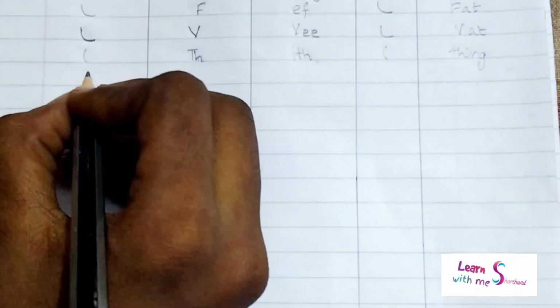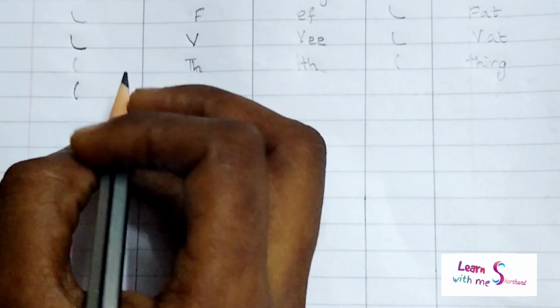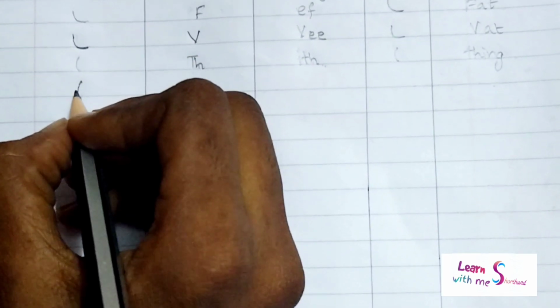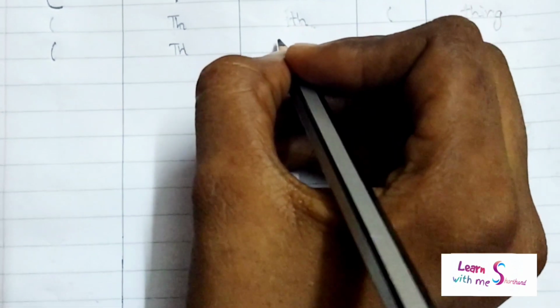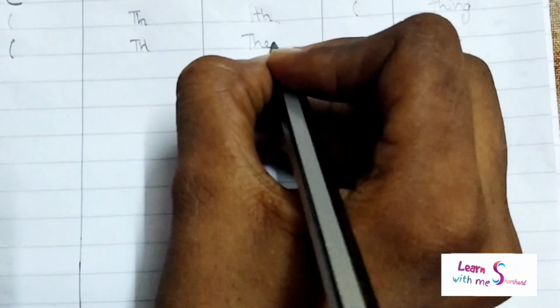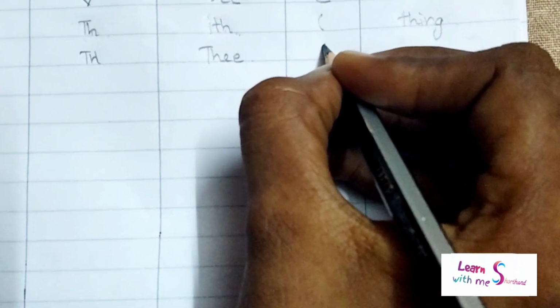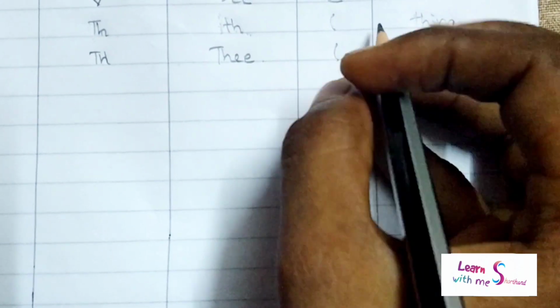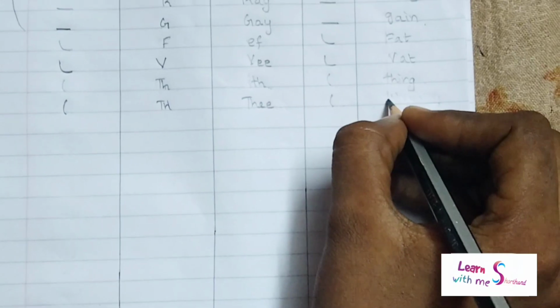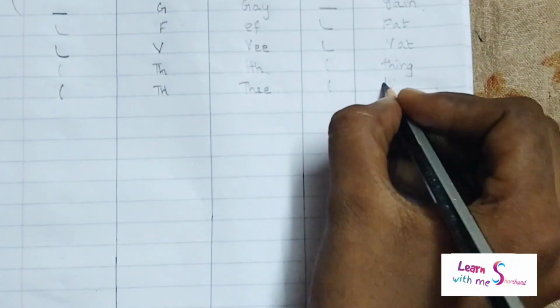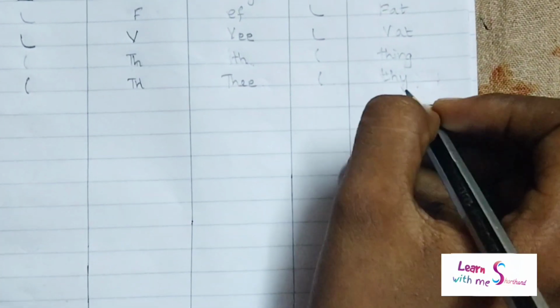The next stroke is thee. Thee is a darker stroke. The letter is thee and the pronunciation is thee, and the direction is same as ith. The example word is thy.